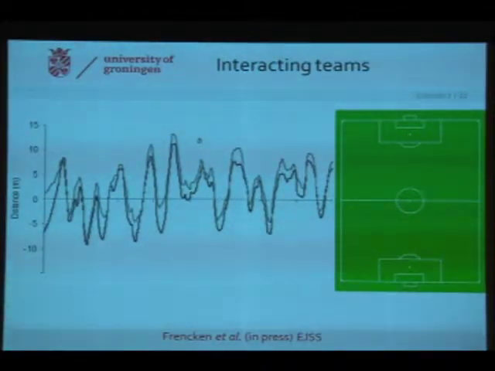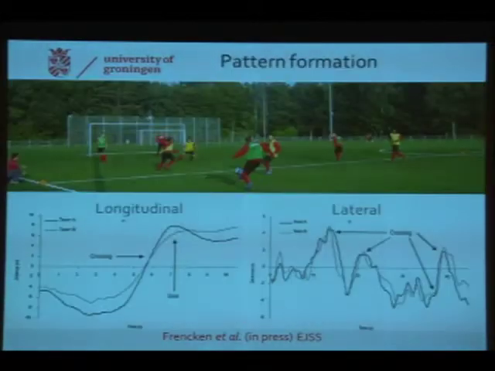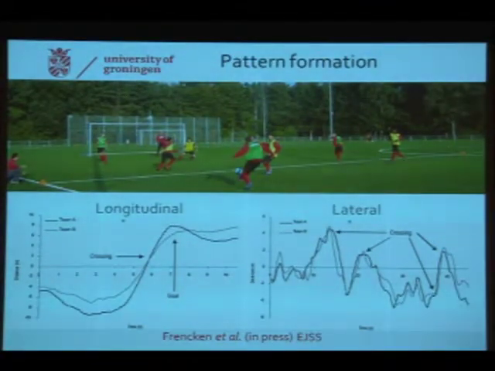But this is just measurement. You want to advance this, and that's what we did. We looked at when goals are scored. Here you see the length of the pitch, the two centroid positions, where the black team recovers the ball and goes up the field.